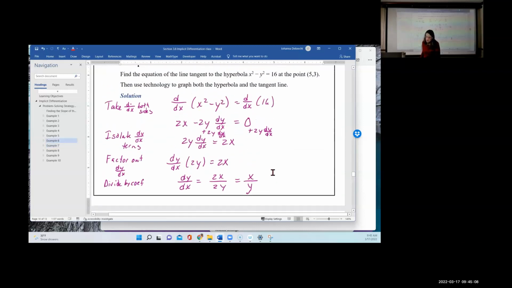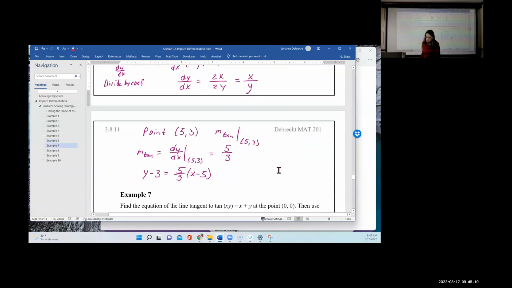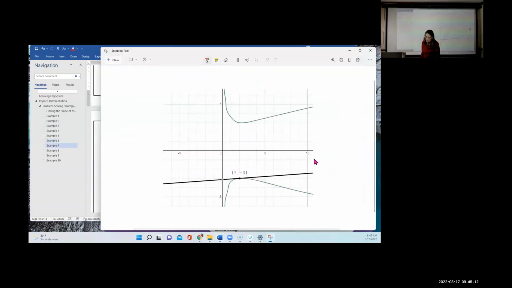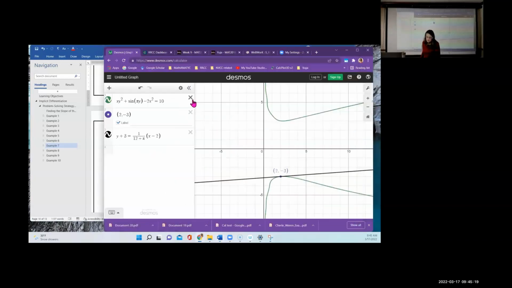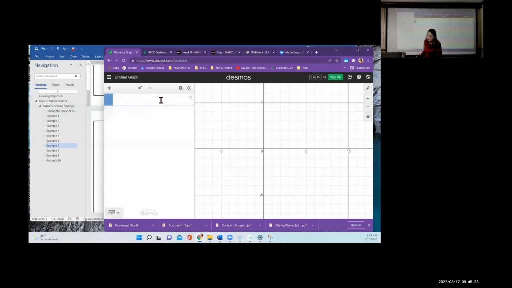So let's take a look at it. X² minus y² equals 16. And hopefully you remember from when we were in trigonometry, we did the conic sections. So hopefully you remember that x squared minus y squared equals 16 is the equation of a hyperbola, because one's positive and one's negative.